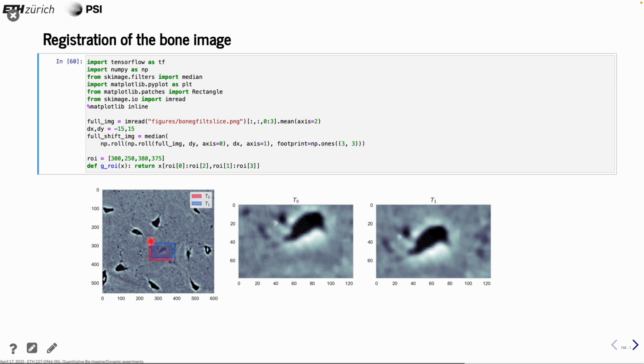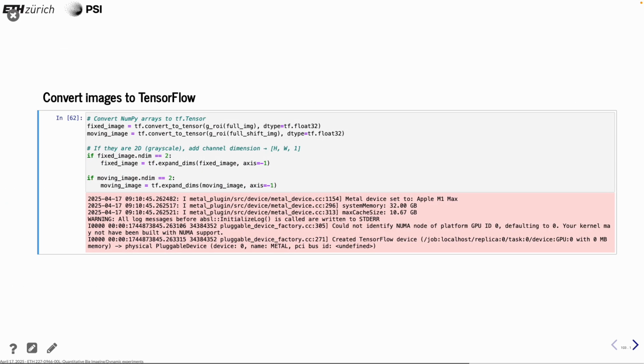We take this region here, or these two regions. You can see that it's slightly shifted in comparison. And these are the images we are going to work with. And then I need to convert them into TensorFlow tensors, which is this, and also do some matching to make them work.